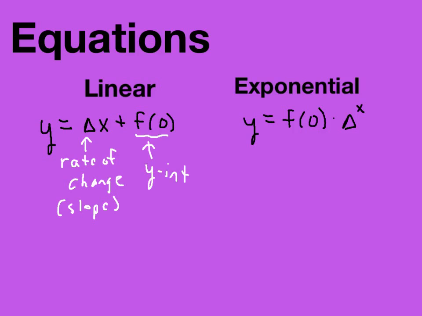Same thing happens on the other side. I still have f of 0 as a y-intercept. I still have a delta piece.